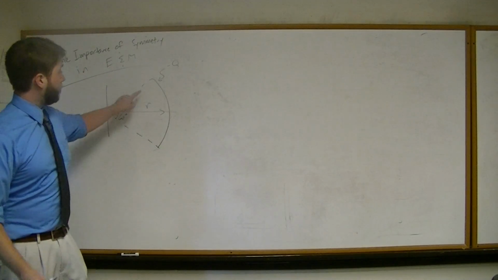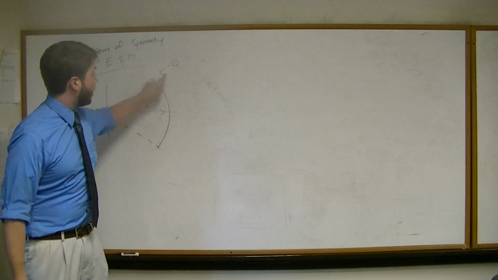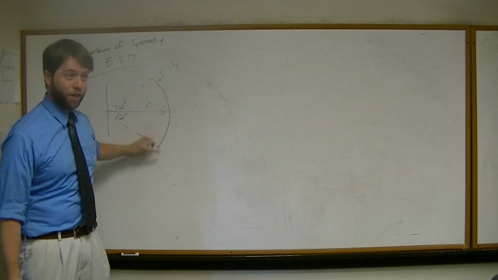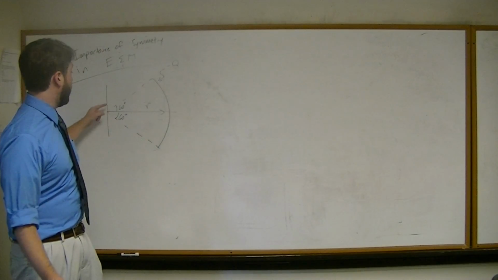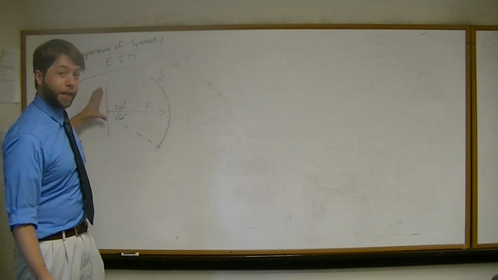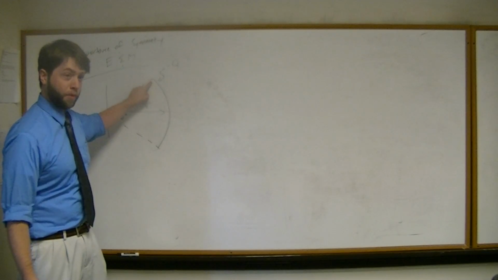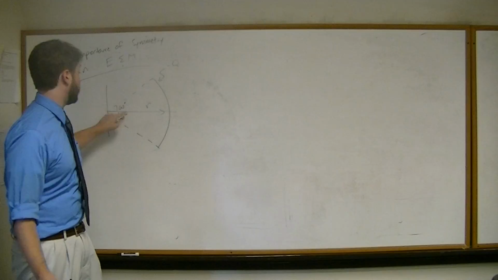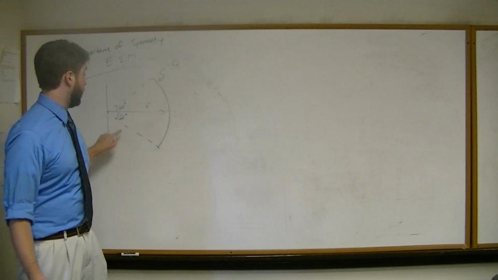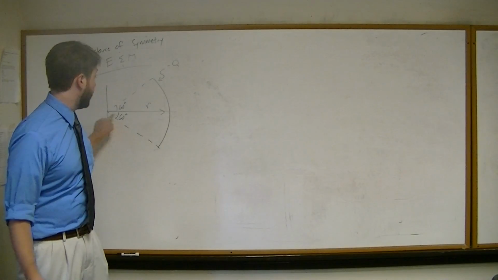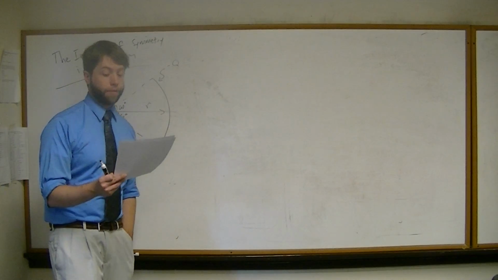Let's consider that we have a plastic rod of charge negative Q, so the total charge on this thin rod is negative Q, and that rod lies in such a way that in a coordinate system the tip of the rod makes an angle of 60 degrees with the horizontal, and it makes another angle of 60 degrees down here below, and we're at a distance r away.